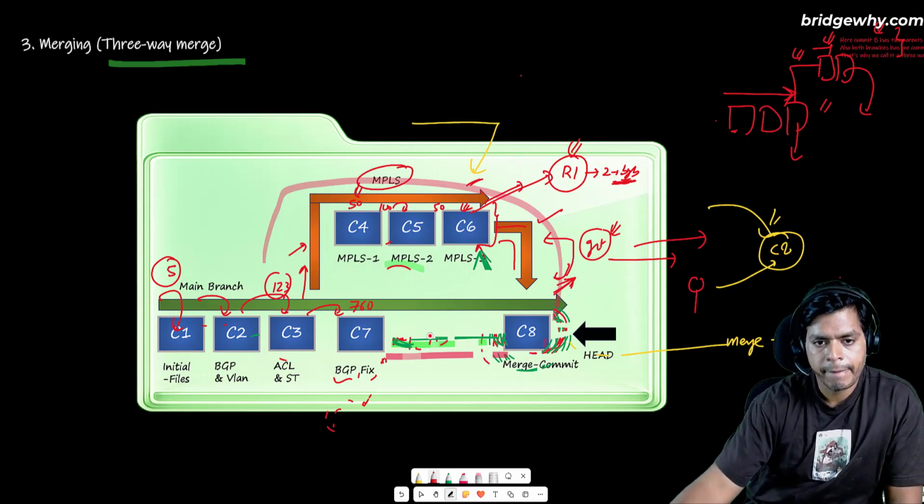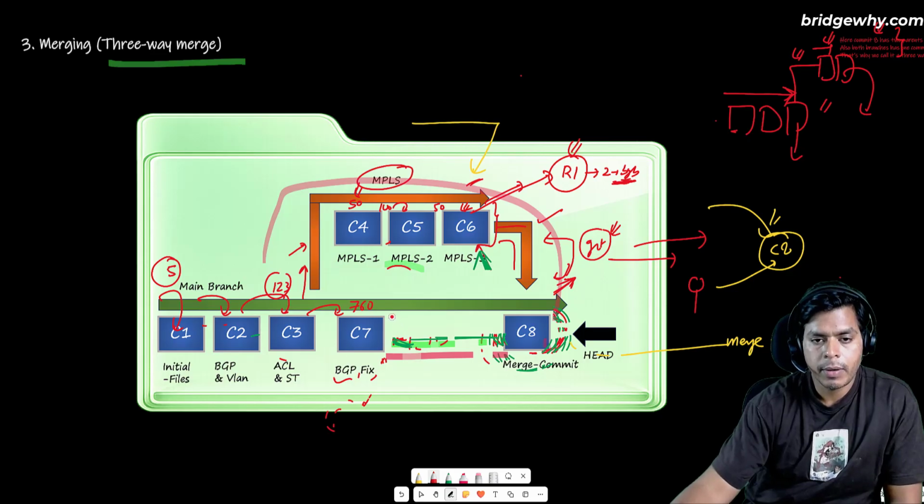While merging C6 and C7, there will be a conflict, because we have a different BGP AS. It will trigger an error, right? So how can we resolve this? Because in production we will be having BGP 760 running.